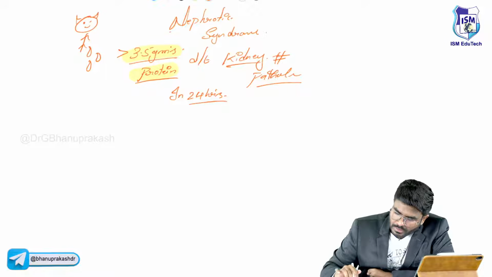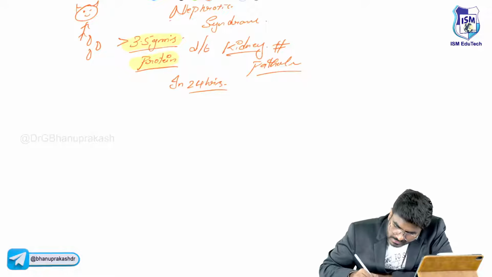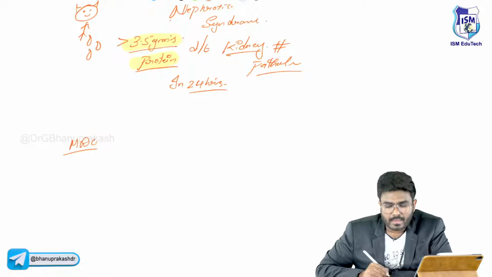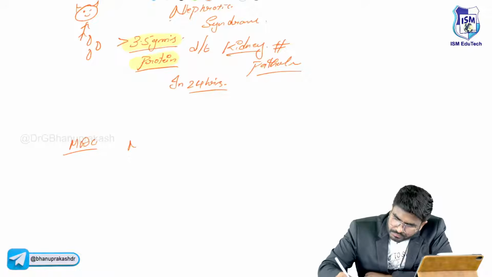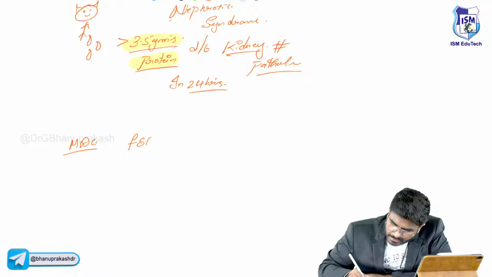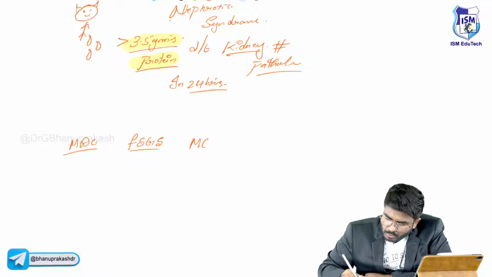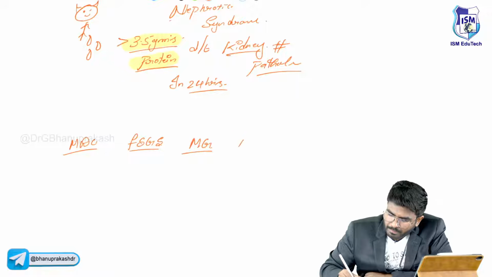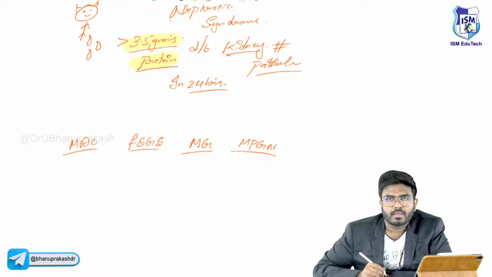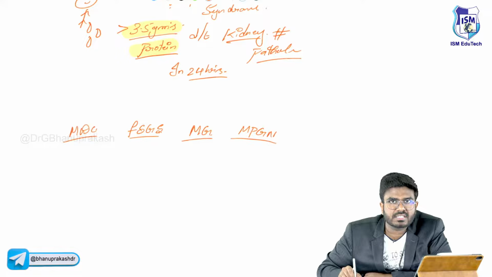First itself I am telling you, there is a disease called minimal change disease, and one more disease called focal segmental glomerulosclerosis, membranous glomerulopathy, membranoproliferative glomerulonephritis. All these are individual diseases.